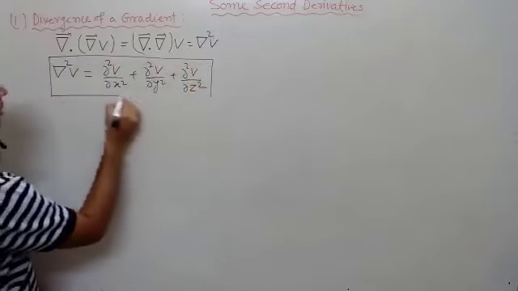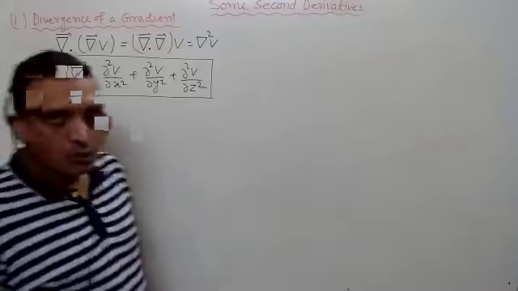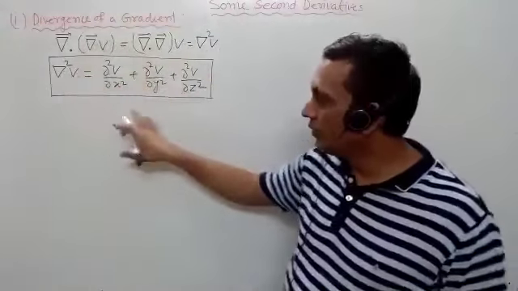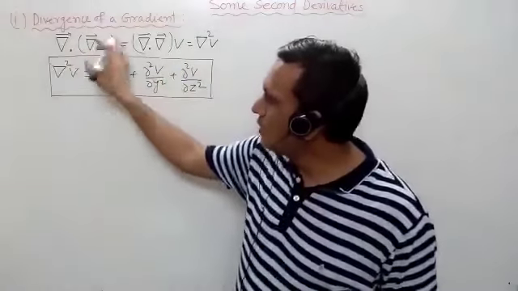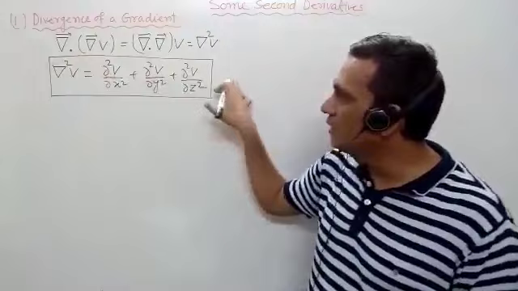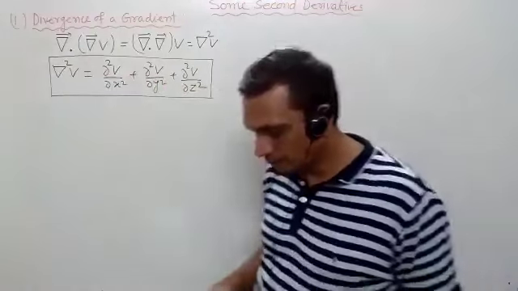Del square is the Laplacian operator. You can easily find it in Cartesian coordinates. Divergence of a gradient is del square V. So if V is given in Cartesian coordinates, you can easily calculate using this relation.